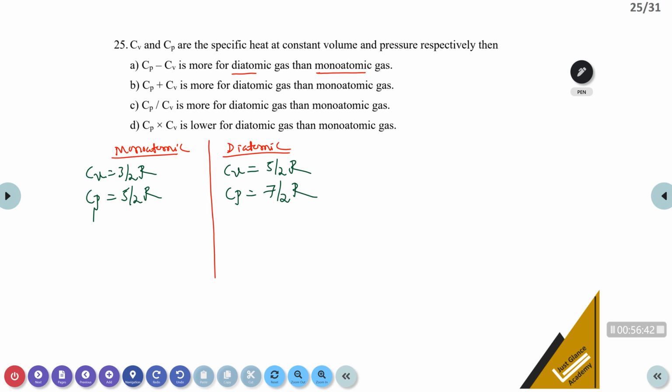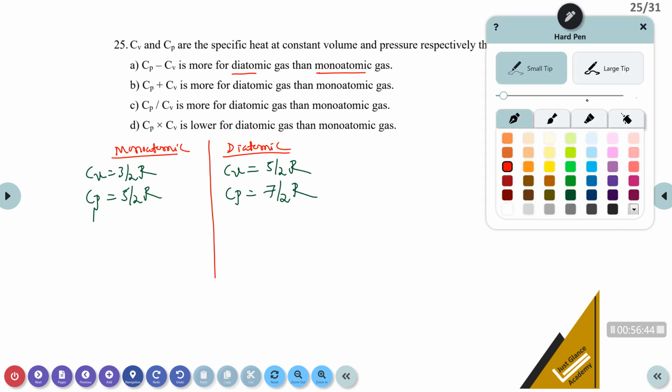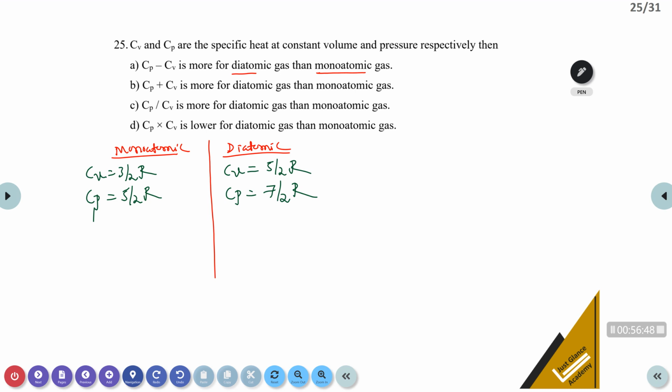Now you calculate all operations, you do it yourself. Cp minus Cv, first you calculate. Cp minus Cv equal to 5 by 2 minus 3 by 2. Of course, R is common, equal to 1R.